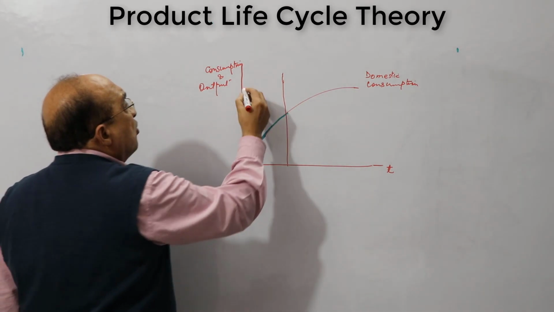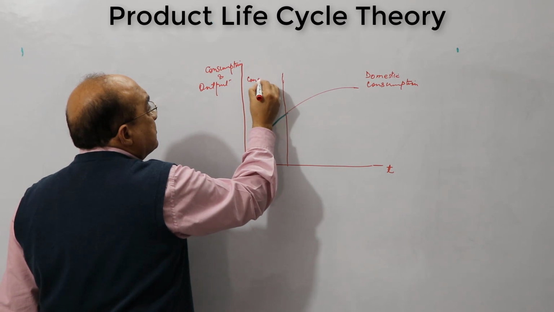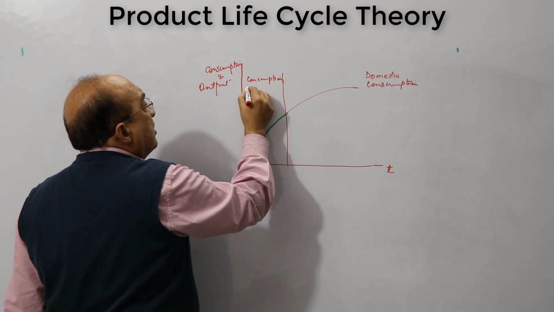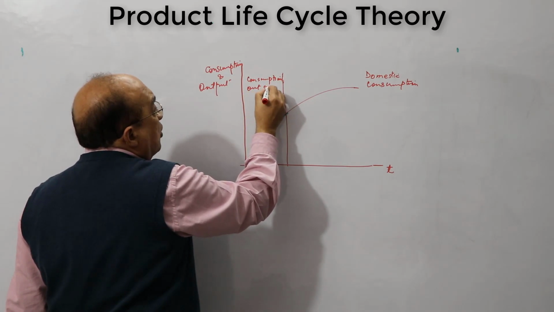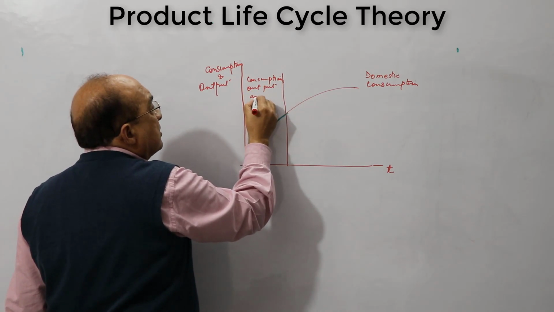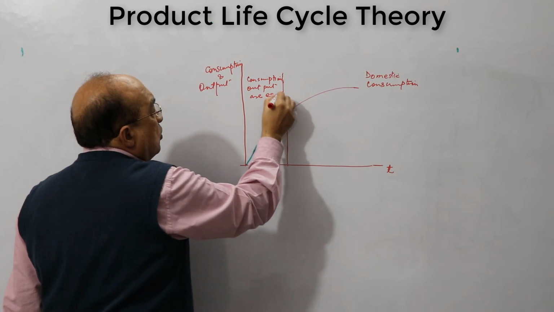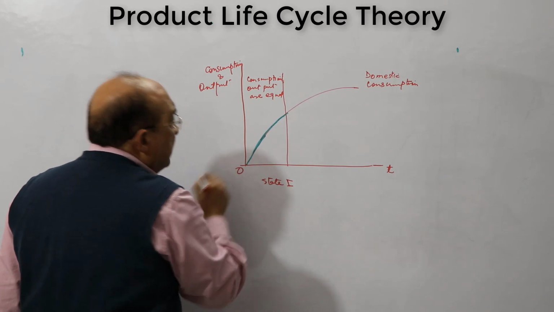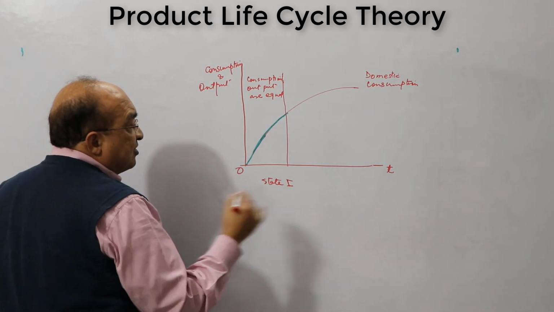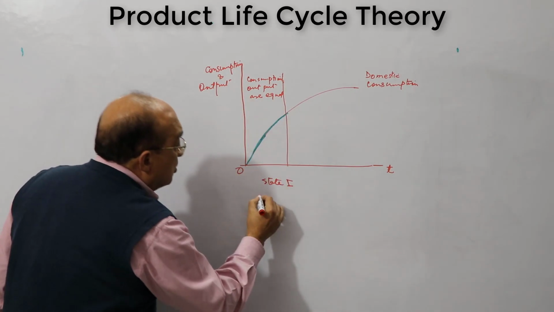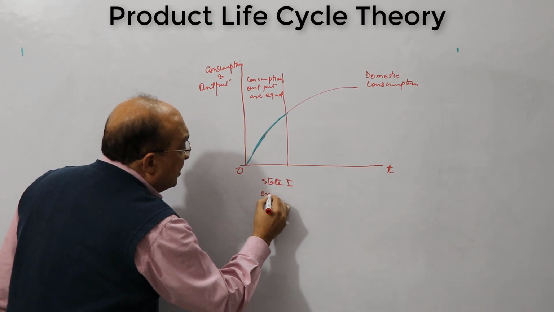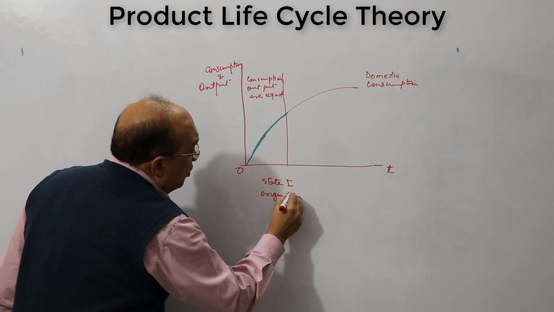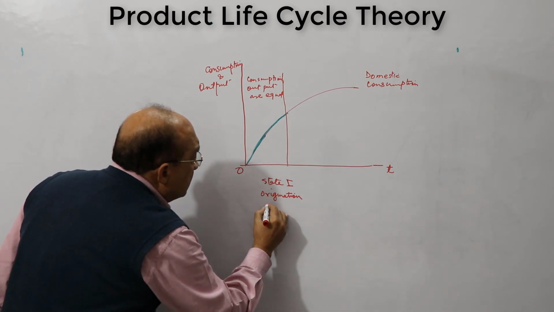Stage 1 is where consumption and the domestic output are equal. Stage 1 is characterized as the origination of the good, and the growth.